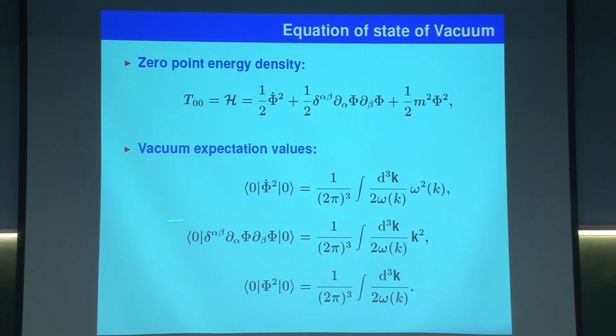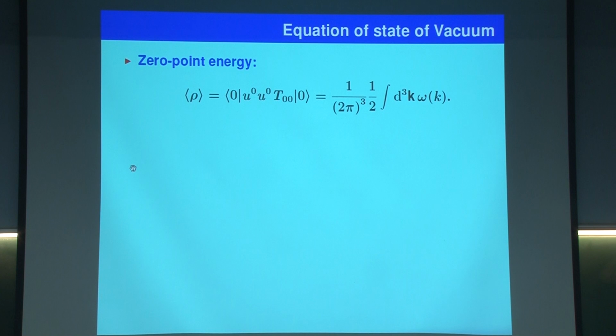Then you do exactly the same thing for the spatial derivative, so instead of omega squared, you will get k squared. And for phi squared, you are not taking any derivative, so it will just give you d3k upon this. These are the 3 terms if you take the vacuum expectation value. All of them are beautifully divergent, but we will keep them as they are. Then you plug it in.